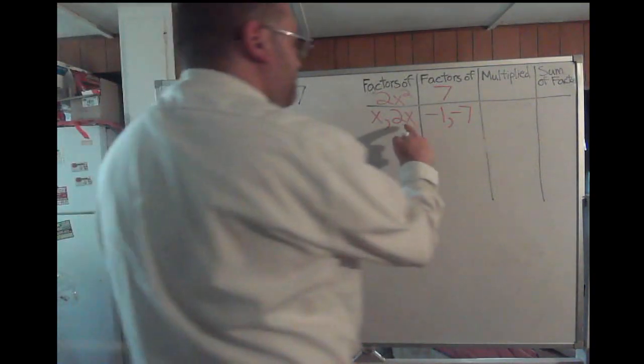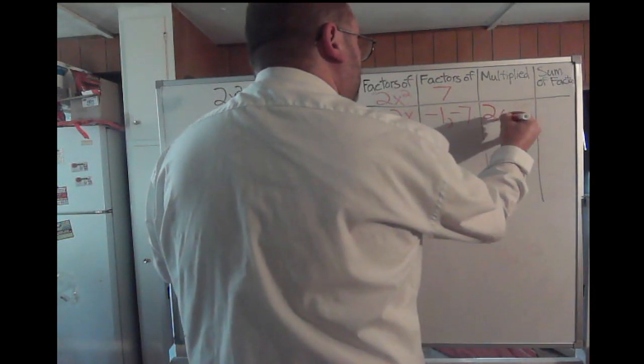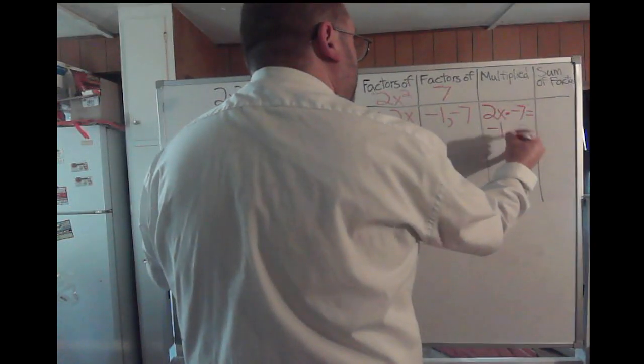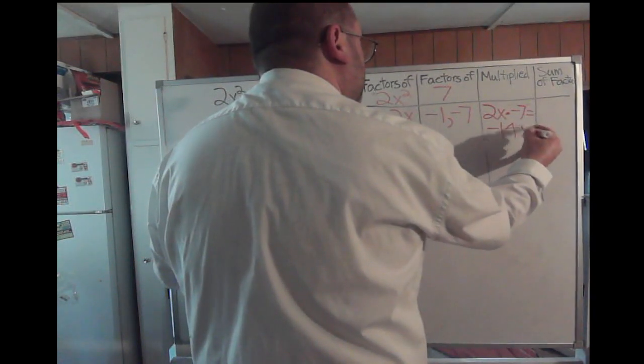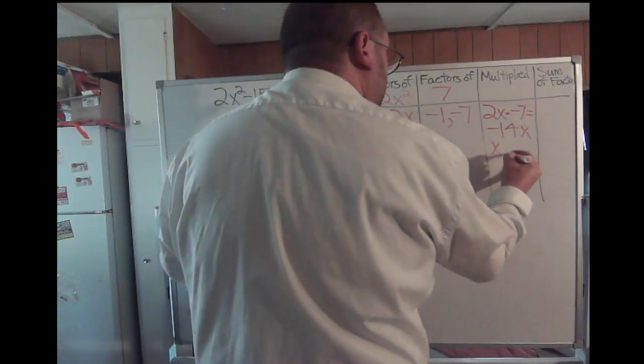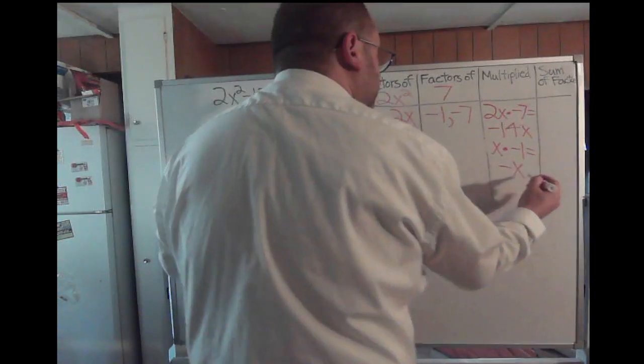Why don't we start with 2x times -7? We'll take 2x times -7, which would give you -14x, which would just leave x times -1. You take x times -1, you would get -x.